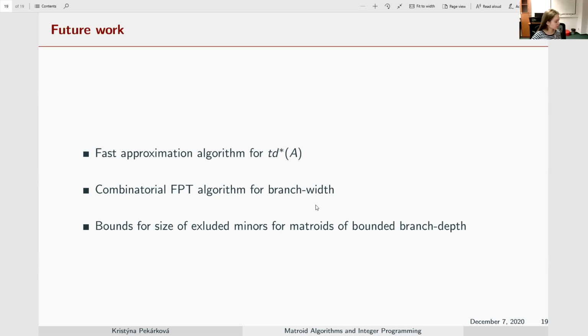Yeah, so I was wondering whether you tried to do some kind of iterative compression instead of starting with this exponential approximation. This could somehow reduce the running time. Yeah, no, it's an interesting thing, but we haven't thought about this yet. I don't know whether there is a simple way, like if I give you just some rows of the matrix, to add one more row and increase the depth of the decomposition just by one.